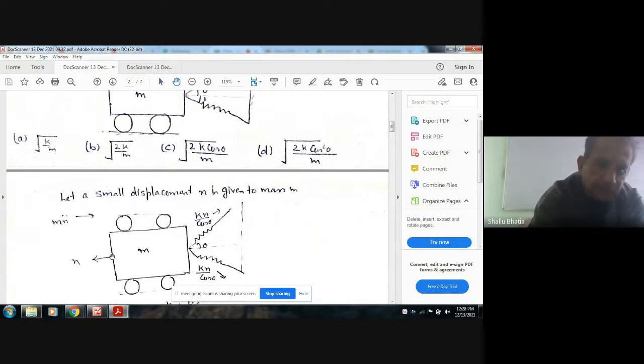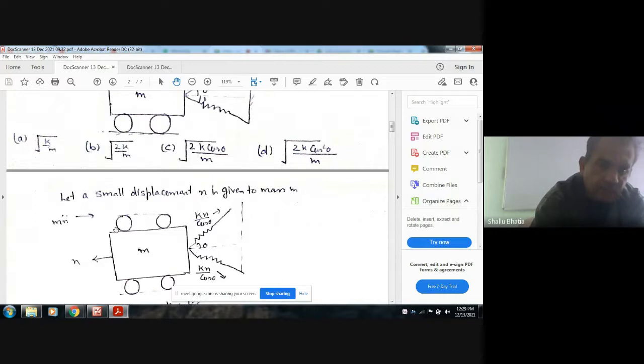When the displacement x takes place here, then the deflection of the spring is x by cos theta, and similarly the deflection of this spring is also x by cos theta because this is perpendicular and this is the base. So the spring force will be acting in this direction, and inertia force will be acting in this direction, and similarly the other spring force will be acting in this direction.